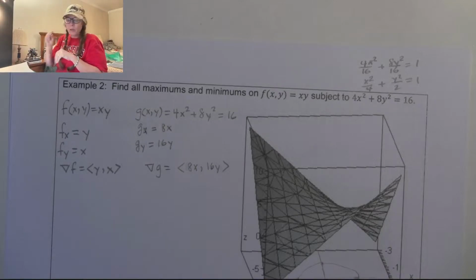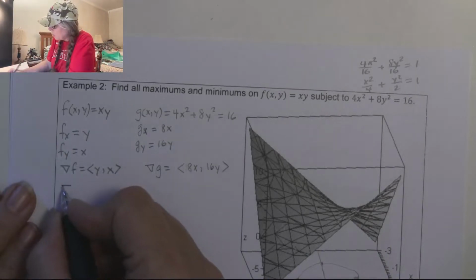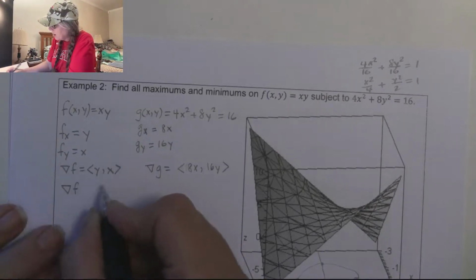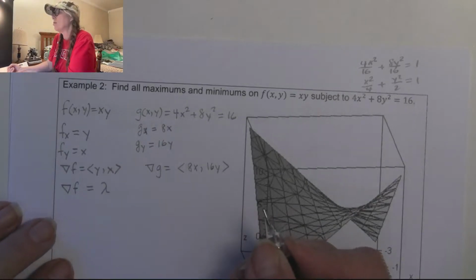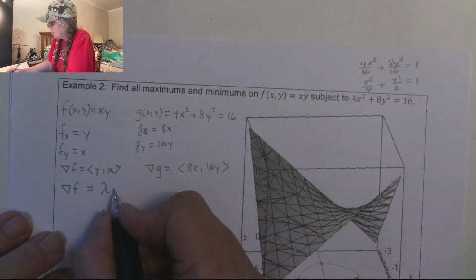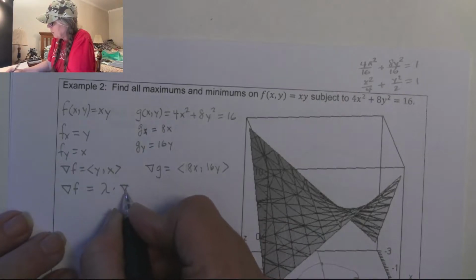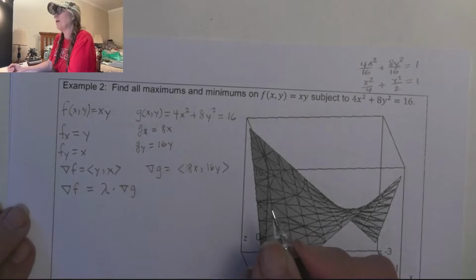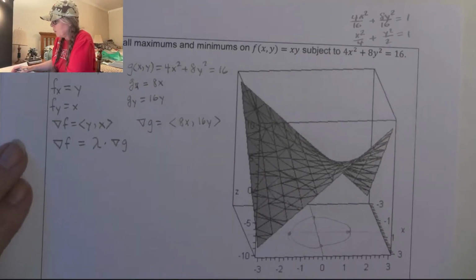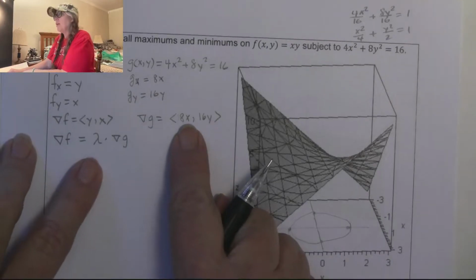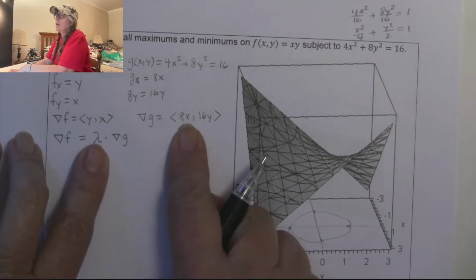Now remember, this is what we're trying to follow, that the gradient of f equals lambda times my gradient of g. So when I multiply lambda in here, you can write it in any order that you want.